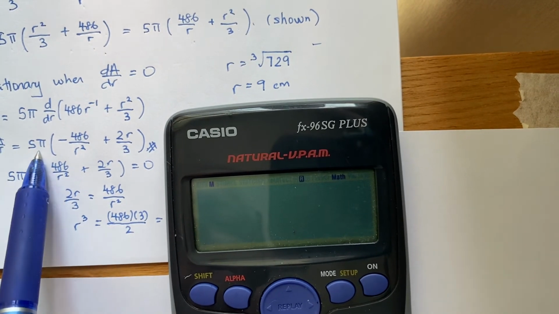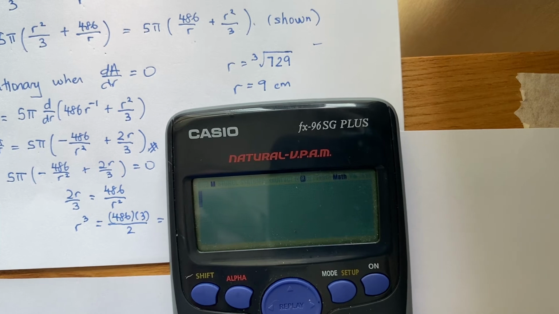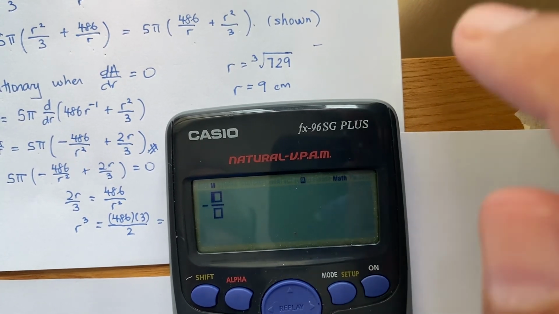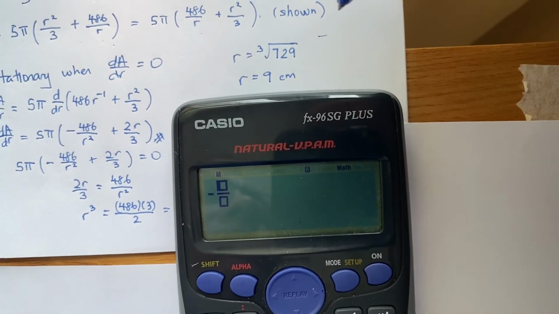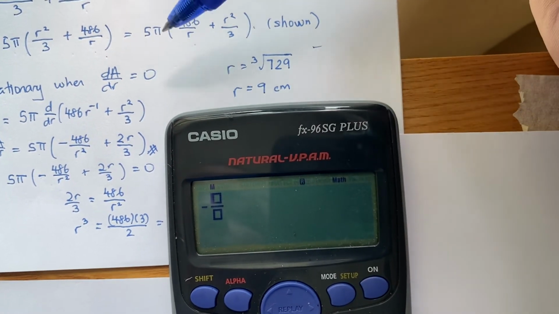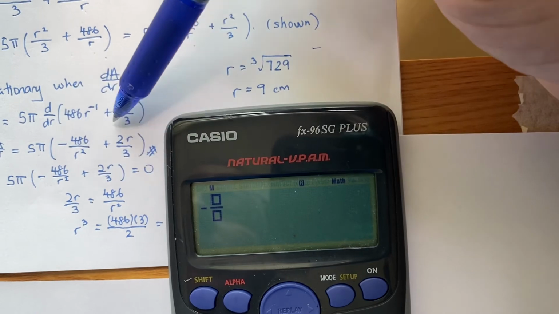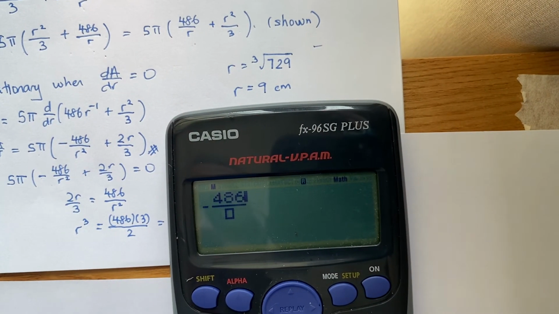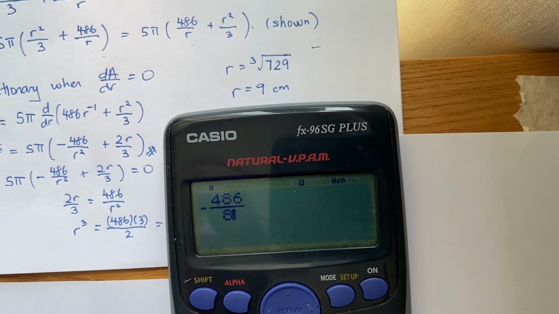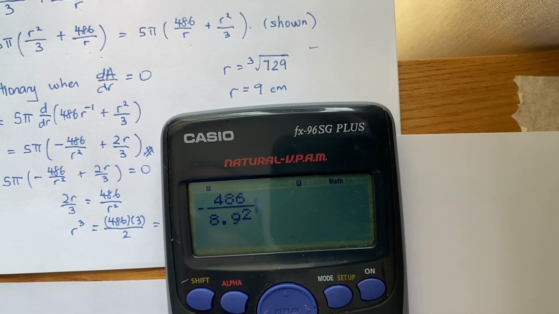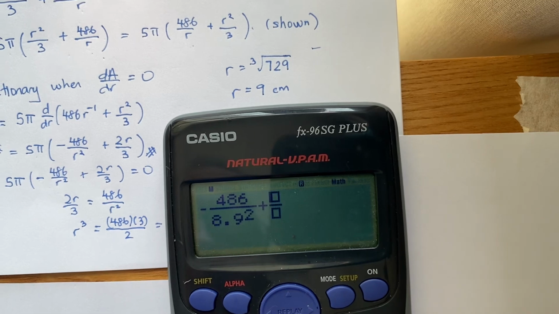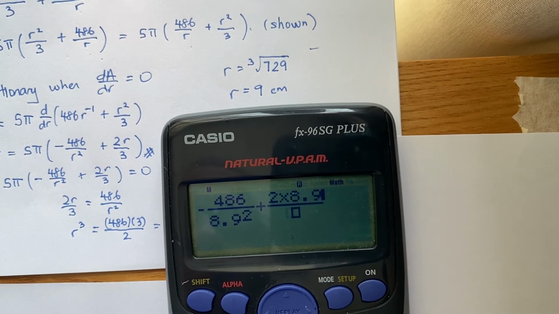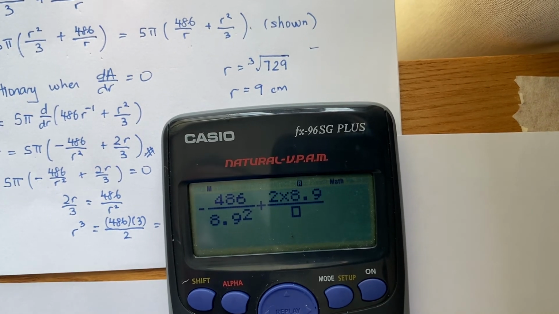5 pi definitely is going to be positive. So I need to work on the value of 8.9 for this. So minus 486 divided by 8.9 square plus 2 times 8.9 divided by 3.